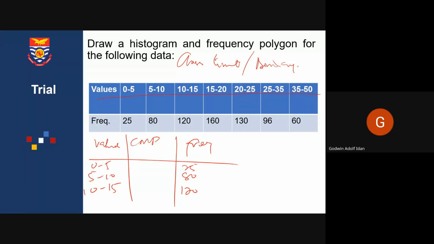But with the class limits, if it's supposed to be 0 to 5, the next one will be 6 to 10, and then the next one will be 11 to the other. So you see, with the limits, the first value is different from the second one. Thank you. Do we agree? Do you have any opposing view? I agree with Juliana.